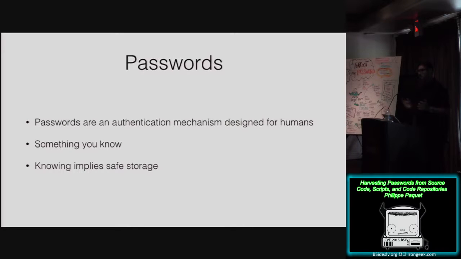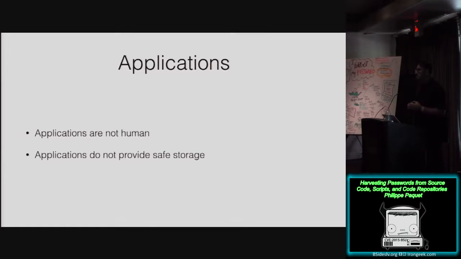That's what we have. So we have a developer that goes to work in the morning, is logging in with a password on his computer, is logging in with a password on the website, and is writing an application. The problem is that applications are not humans. Applications do not provide safe storage. If you're putting your credentials in an application, you don't have a TPM there.